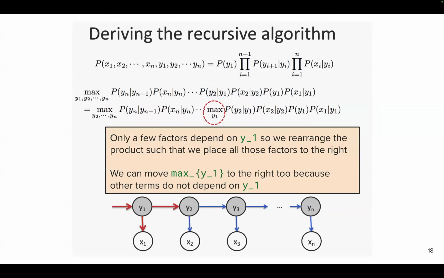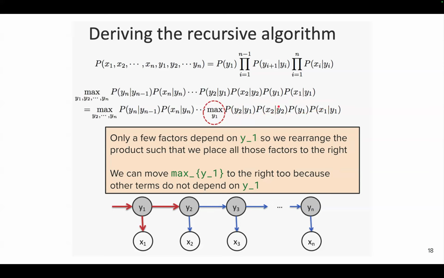Okay. All right, so here now I need you to pay attention. Previously we had this maximization over tags y1 to yn. And now here we have maximization over y2 to yn, not y1. And we have moved the maximization over y1 all the way to the right side. The reason why we can do that is because these factors over here depend on y1.